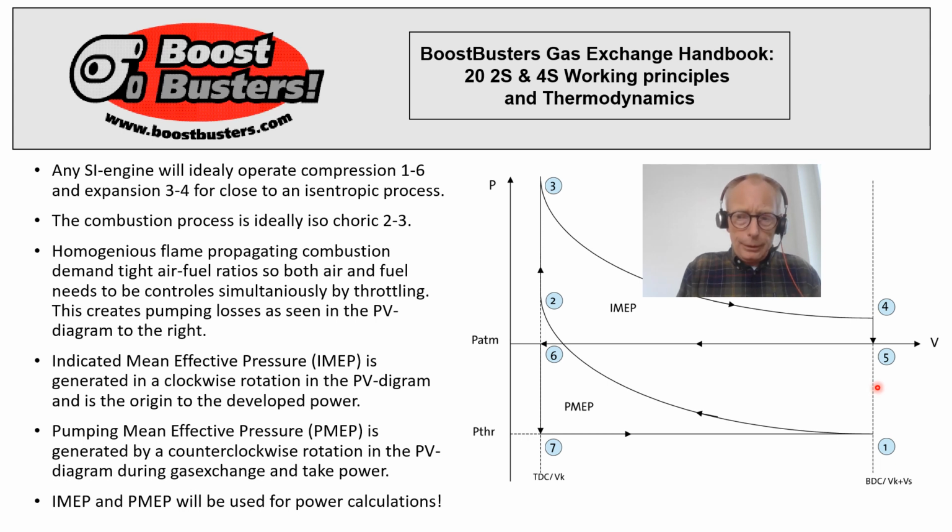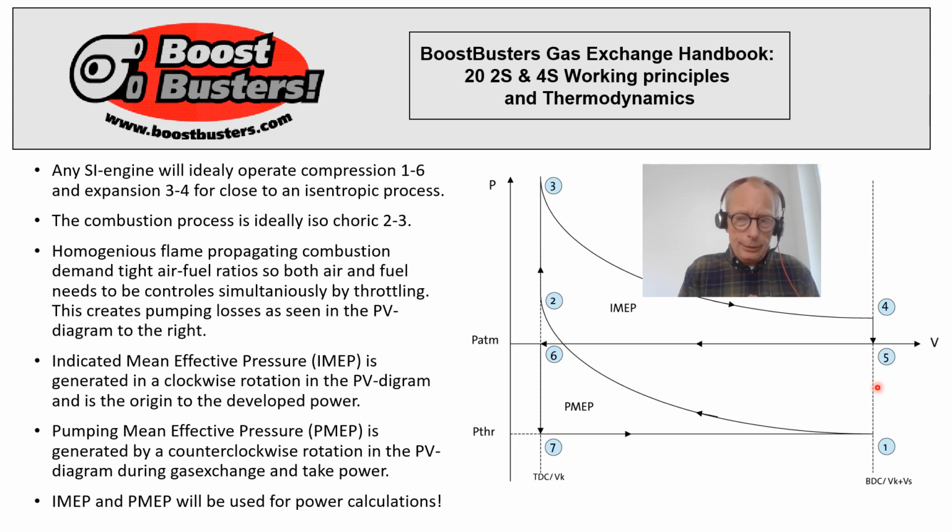A spark-ignited homogeneous combustion system ignites air and fuel with a flame, which is propagating. This propagation of the flame can only happen if the mixture between air and fuel is kept at a very specific ratio, the air-fuel ratio.